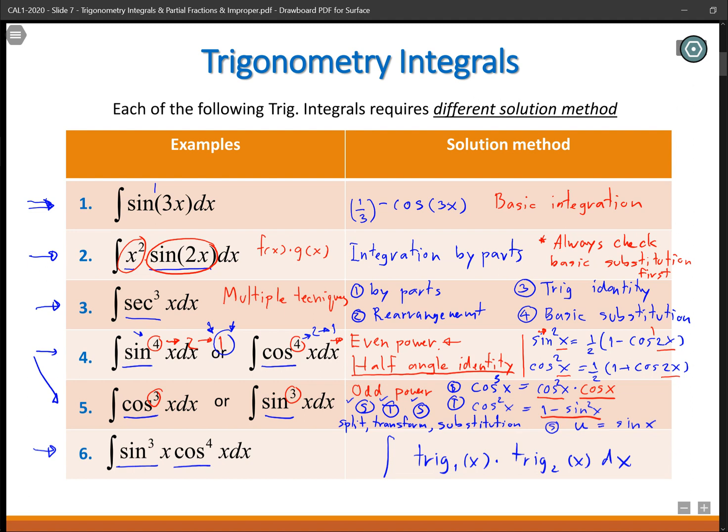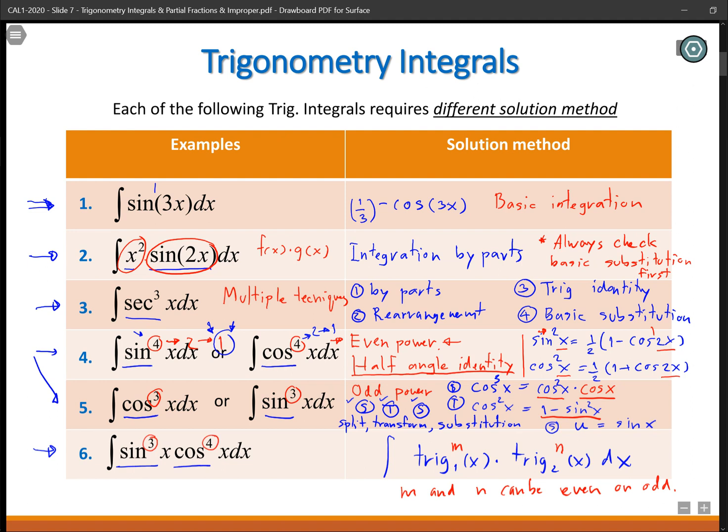And not just this, each trig function has its own power, and I'm going to call the first power for trig 1 m, and trig 2 has the power of n. Make a note here, m and n can be even or odd. Can be anything, all right? And they don't have to be the same. In this case, m is 3, n is 4.